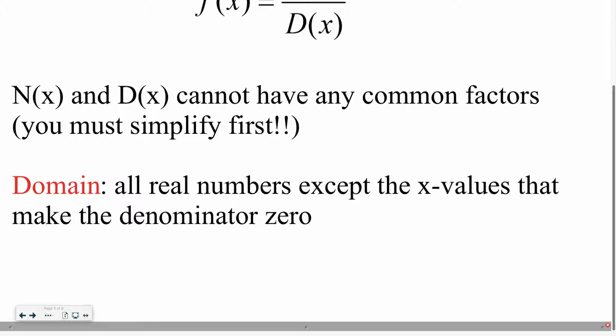We cannot divide by 0. We don't want our denominator to be 0. And anywhere our denominator is 0, we cannot have it in our domain. It gets thrown out.